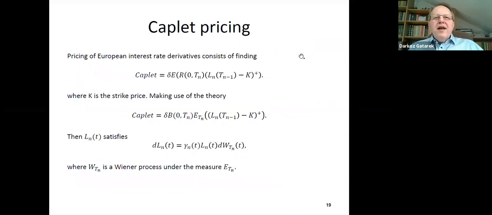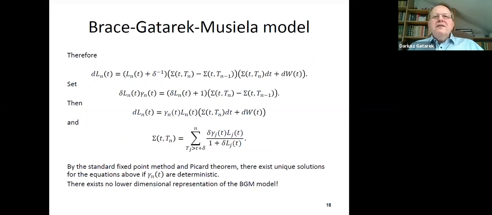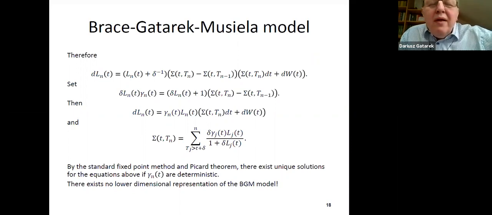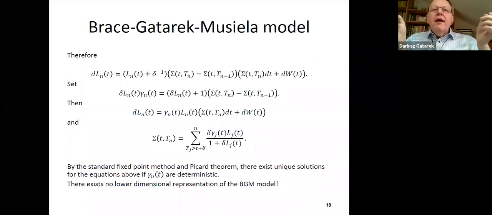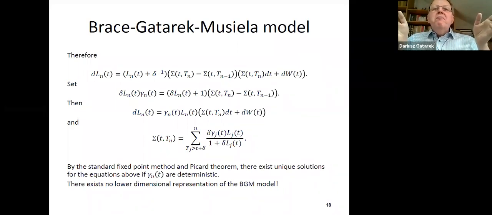But of course, why did this model become so popular? Because there was a discussion of consistency of mathematical finance. On the one hand, you had a Black and Scholes formalism, which was applied practically to everything.